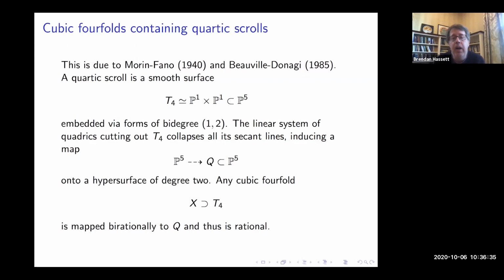And so you get a map from the P5 that contains the ruled surface to a quadric hypersurface, also in P5. And any cubic fourfold that happens to contain our scroll is mapped birationally onto Q, this quadric hypersurface, by the secant construction, and therefore is rational. And so this gives you another collection of rational examples.